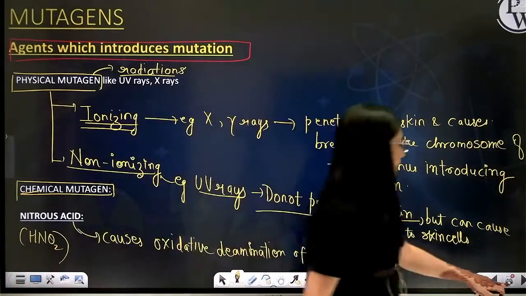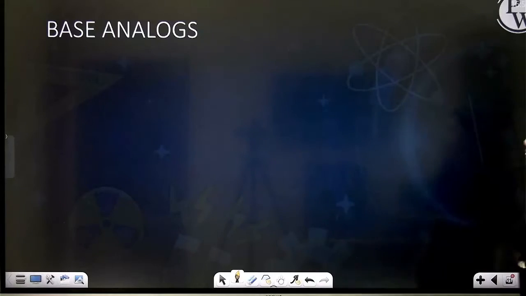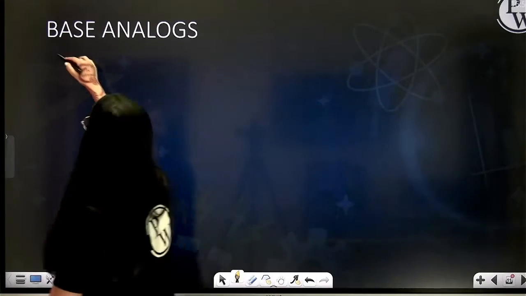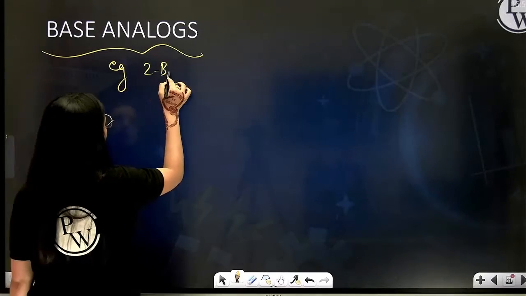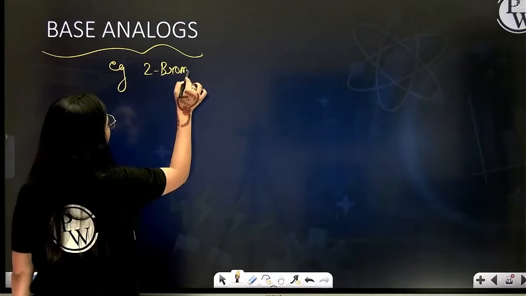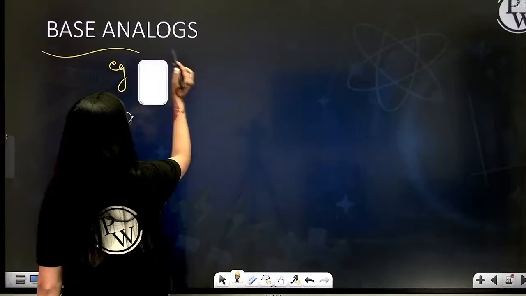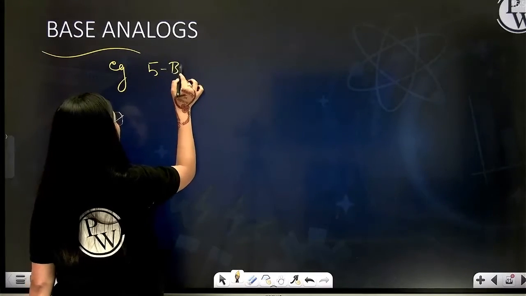Same thing is done by base analogues. So first let me tell you what are base analogues. There are two examples which you have to learn: 5-bromouracil and 2-aminopurine.